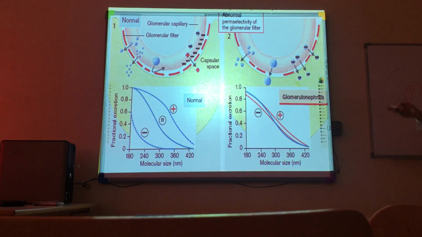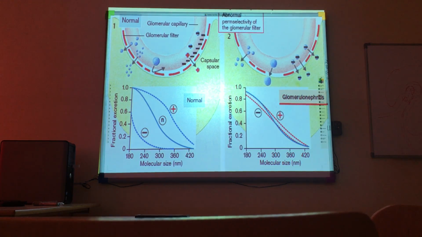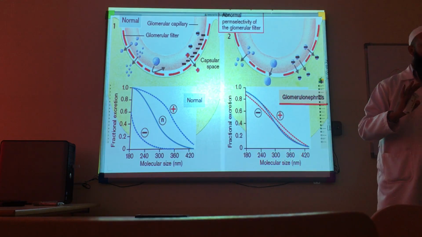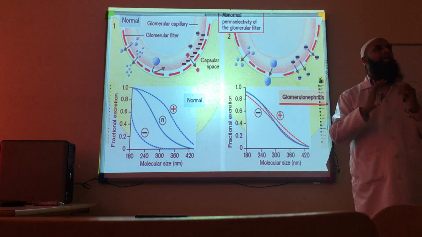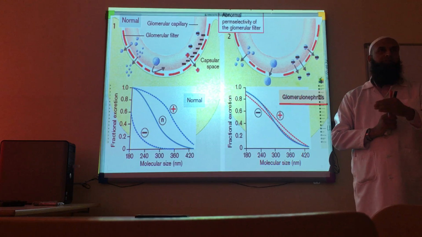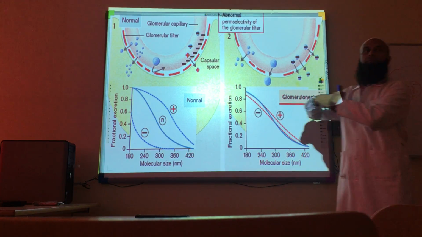This is just a concept. The normal glomerulus is like that. It will not allow the bigger molecules and the charged molecules, especially the negative ones, to cross this filtration slit or filtration membrane, and they will be rejected.